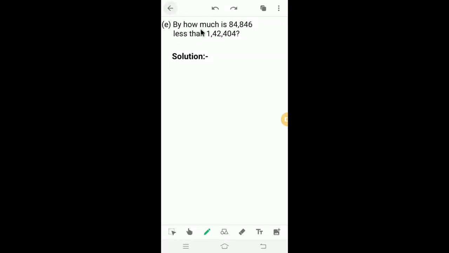Let's solve E1. By how much is 84,846 less than 1,42,404? Here we have to find out by how much 84,846 is less than 1,42,404. Here what we have to do?